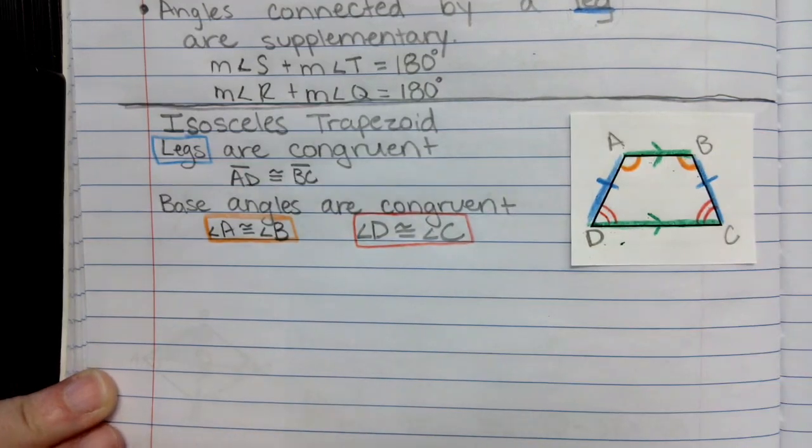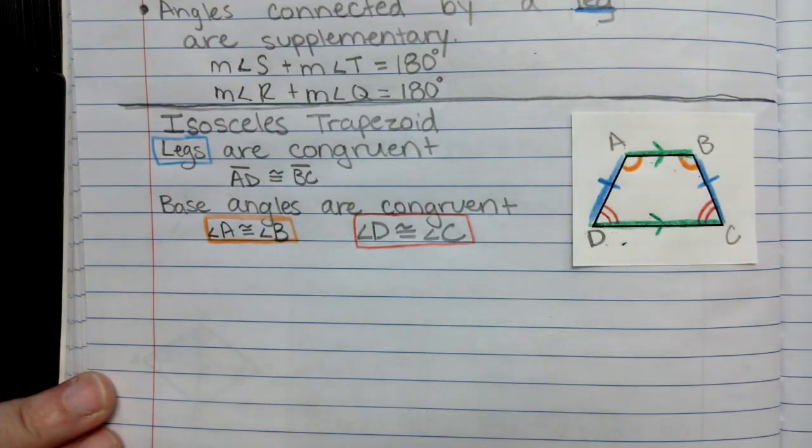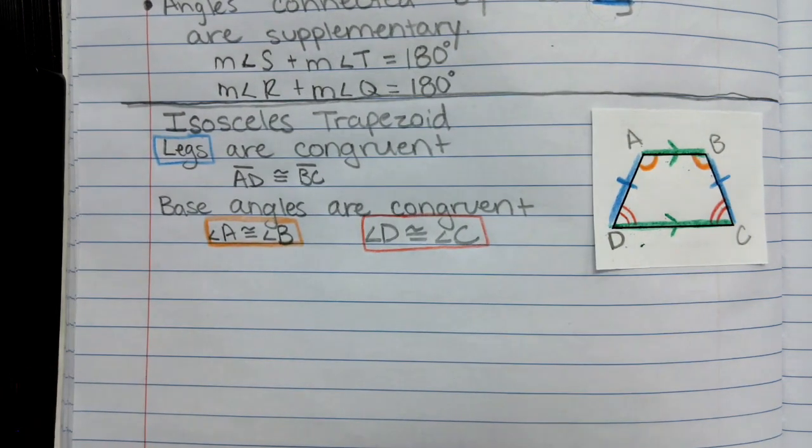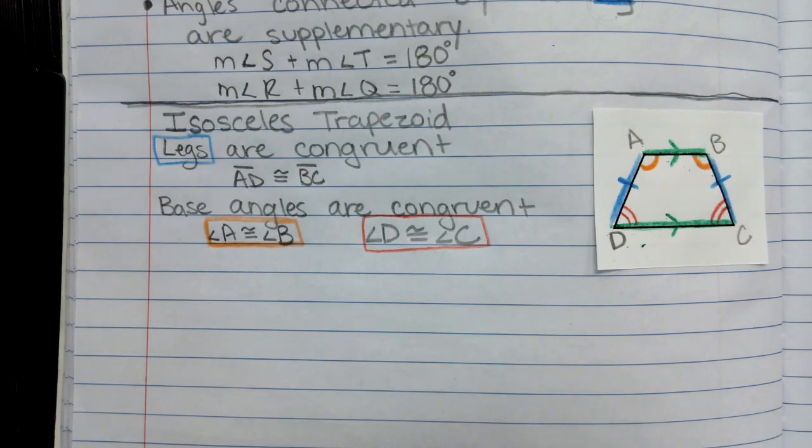The last thing that we know about isosceles trapezoids is that now, our diagonals weren't drawn in this picture because we wanted to look at those angles a lot. So we have to kind of imagine those diagonals that would be drawn in.